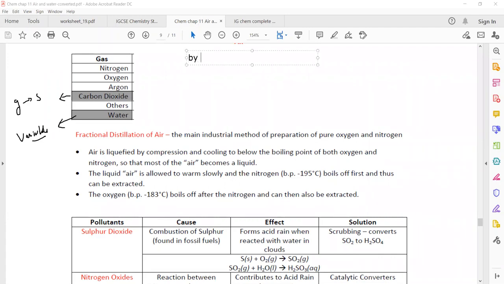To remove this chemically, we bubble the air through sodium hydroxide, because sodium hydroxide will react with carbon dioxide and form sodium hydrogen carbonate.